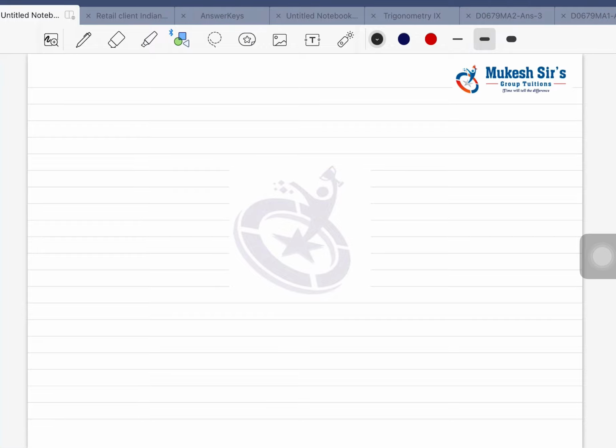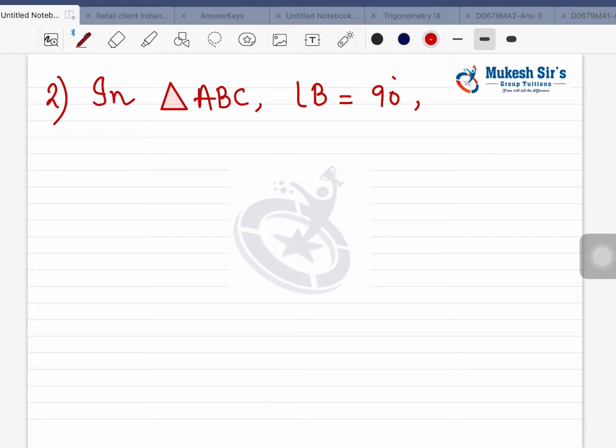Let's solve one more question where you have numerical values. So let's take one example, a second sum. Suppose you have a question in triangle ABC. Angle B is equal to 90 degrees. AB is equal to 12 centimeters. BC is equal to 5 centimeters.